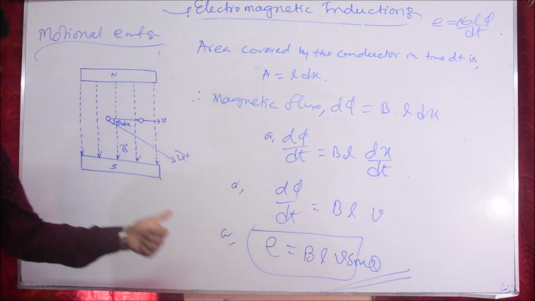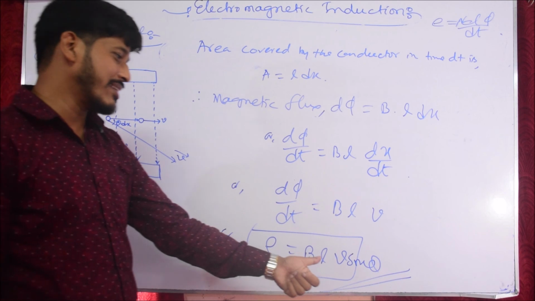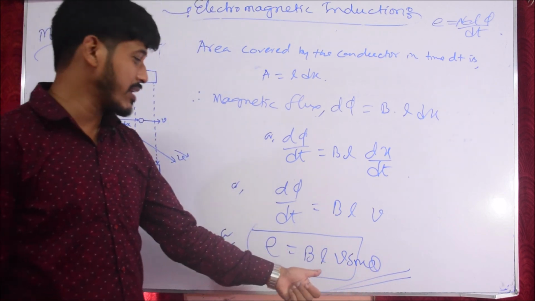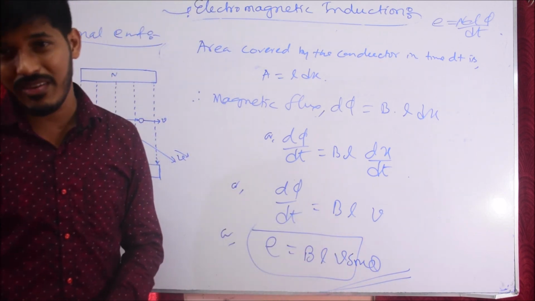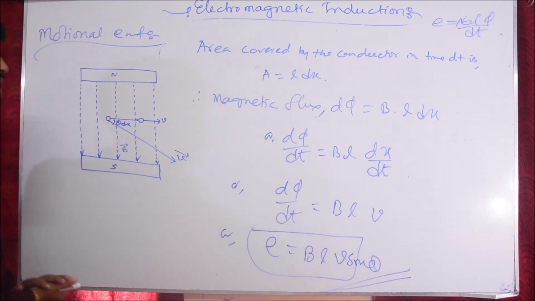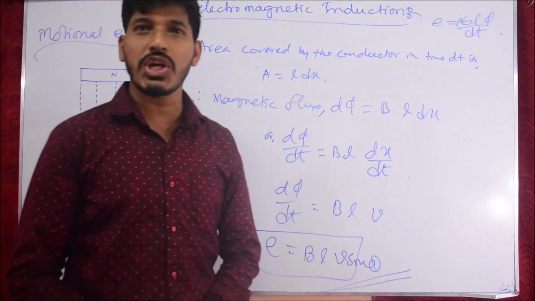If theta is equal to 90 degrees, whenever it is moving perpendicular to the magnetic field, then it is BLV. Understand now? So this is your motional EMF.